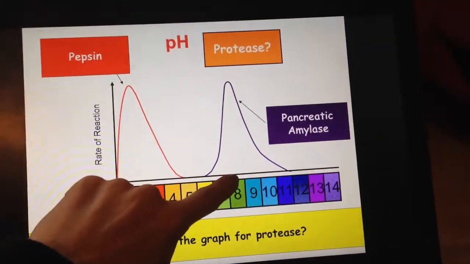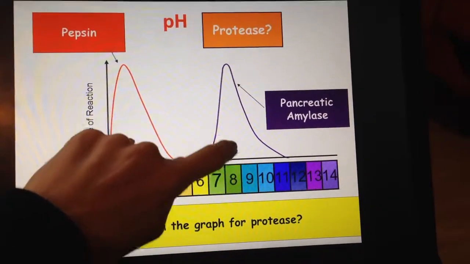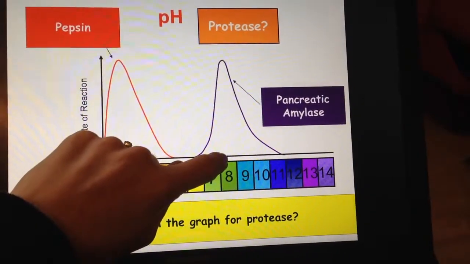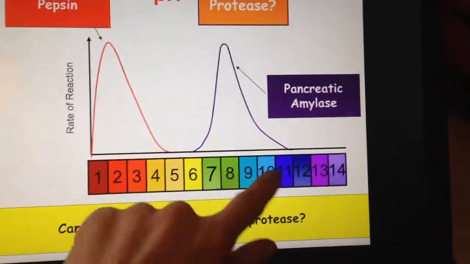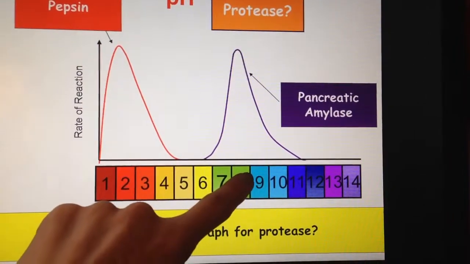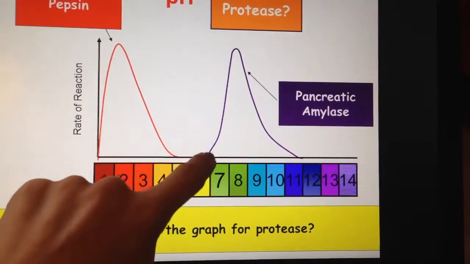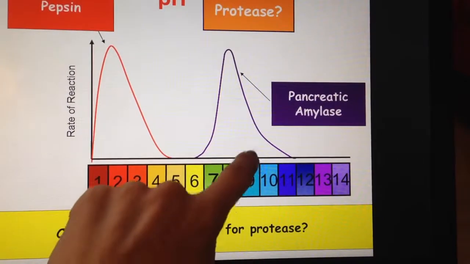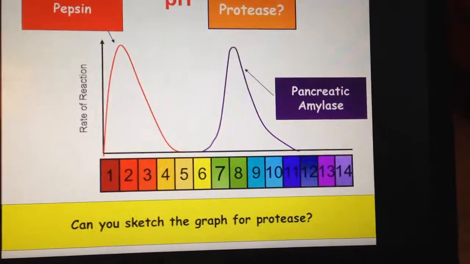Over here we've got pancreatic amylase, and we can see the optimum is around pH 8. So this is an enzyme that would work in a mild alkali condition. Obviously you can see the enzyme is working at around pH 7 and also around pH 9, but it's at its optimum at pH 8.